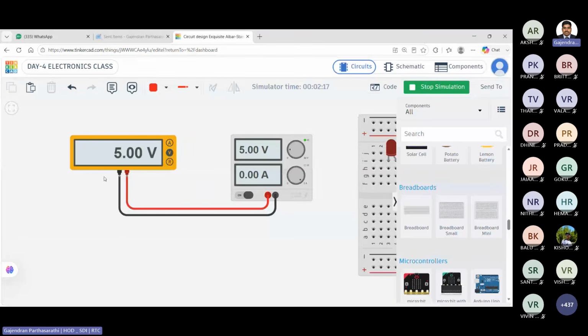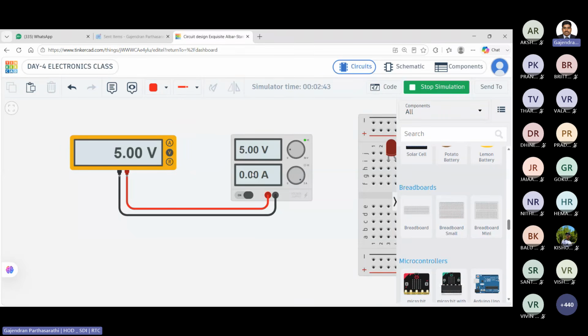What are you observing in the voltmeter? Both instruments show readings, but I'm asking only about the voltmeter, not the ammeter. 5 volt. What logic level is it as far as Arduino Uno is concerned? Logic 1. Very good.